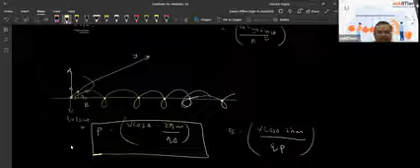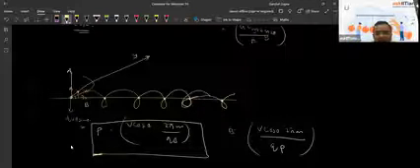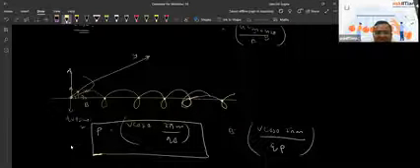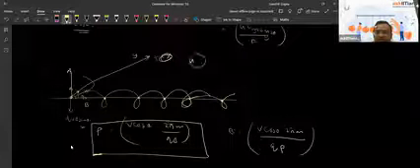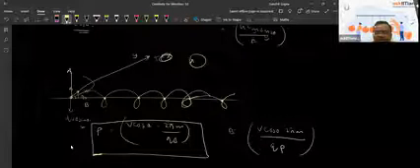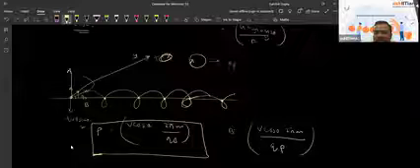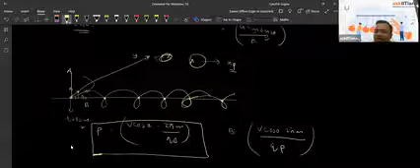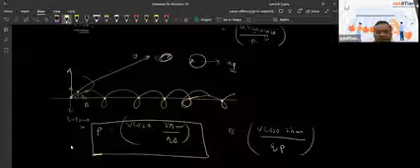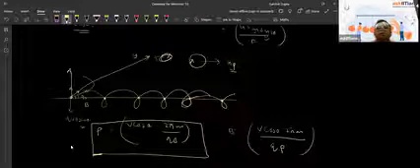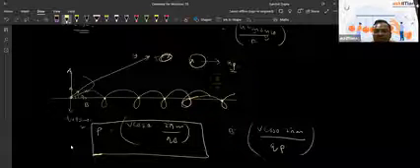So either the pitch can be this. Let's suppose the target distance is x. So x should be a multiple of the pitch, n into p. Then only it will hit. So x should be n into p, and pitch should be x divided by n.